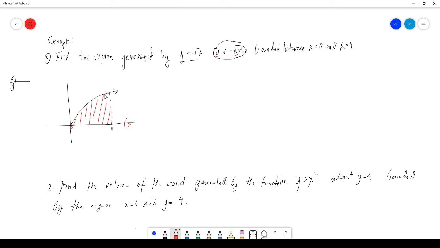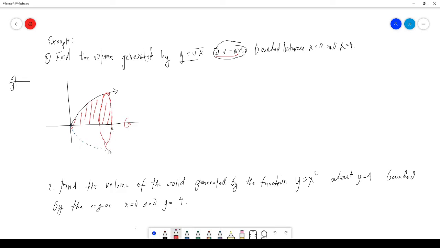If we rotate from this point to this point, it will look like this. Let's say this is an imaginary curve just for our reference.